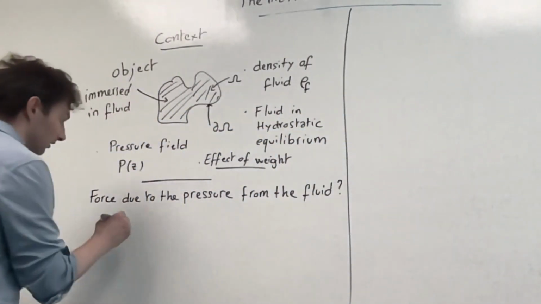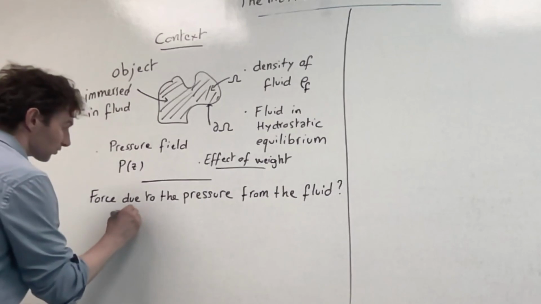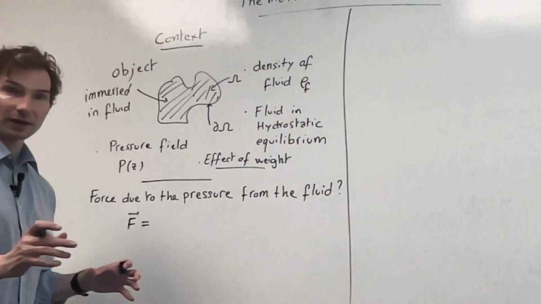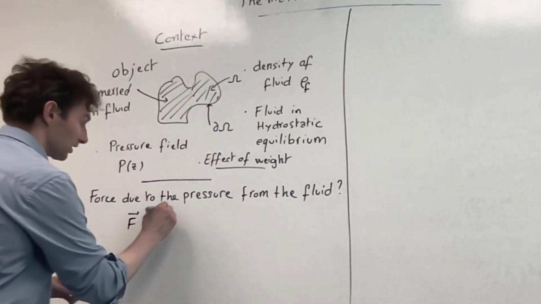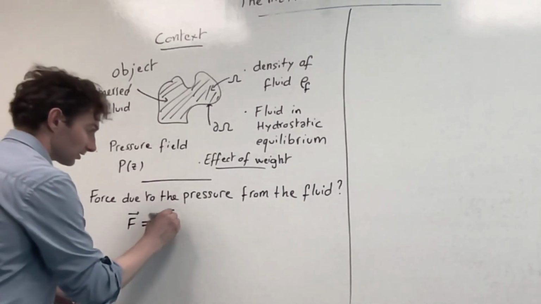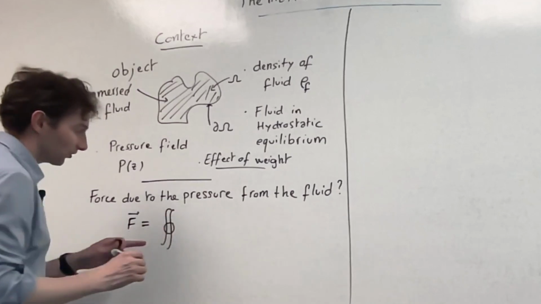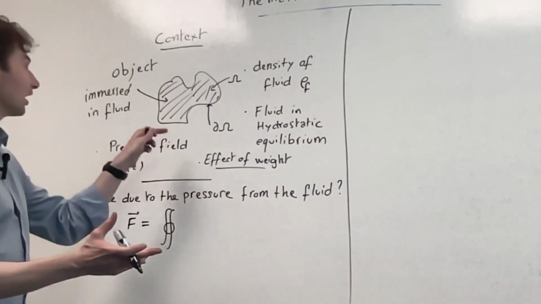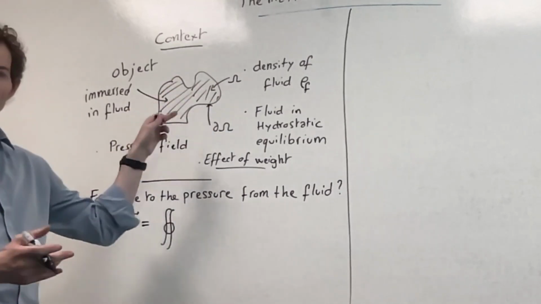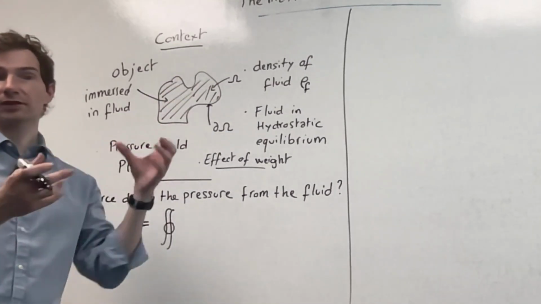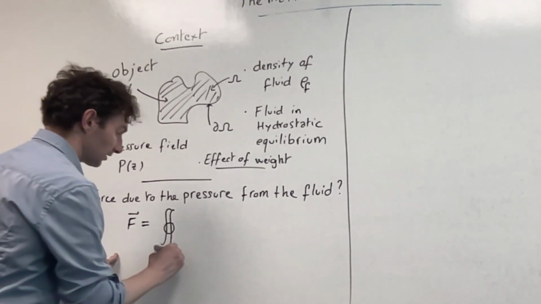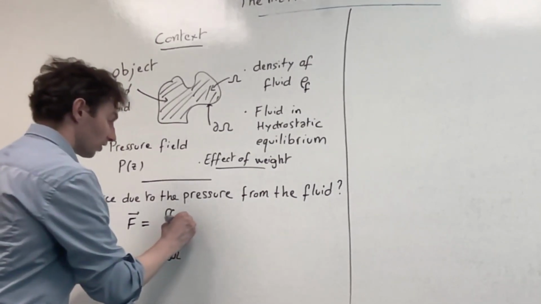The total force, I can put an actual vector here, is going to be the integral. I put here a circle to say that it's over the total enclosed area bordering the solid phase or whatever is immersed in there. So that's over d omega, and then of the pressure.